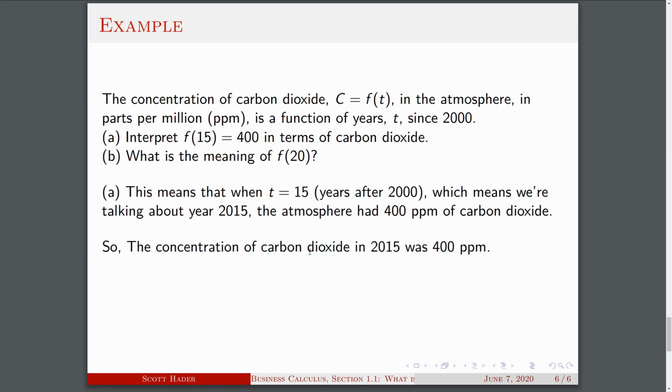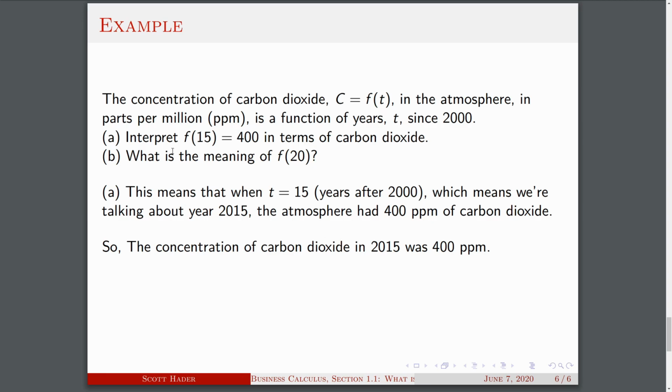So the concentration of carbon dioxide in 2015 was 400. So f of 15 represents the concentration, that's the y value, at a particular x value. And notice here we have our units. I don't need units for 2015, that's just assumed to be the year 2015. But we don't just say 400 because it doesn't have any meaning, the concentration being 400, what exactly? So we say parts per million.